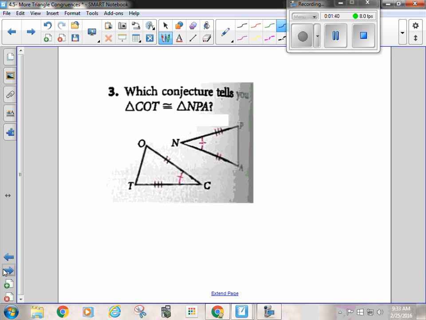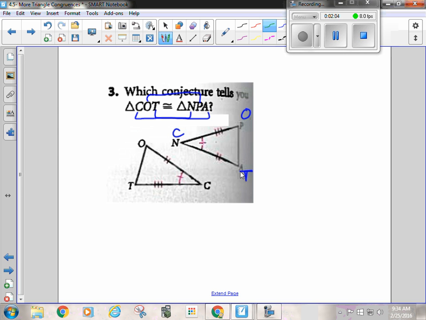If we look at this one, which conjecture tells you that COT is congruent to NPA? So C needs to go with N, O needs to go with P, and T goes with A. So if I go ahead and look at my triangles, I need to make sure that those congruent parts match.